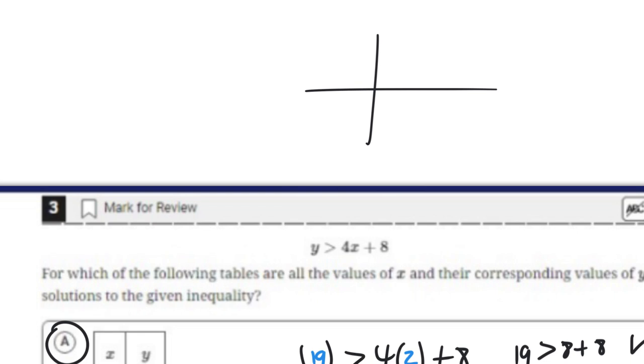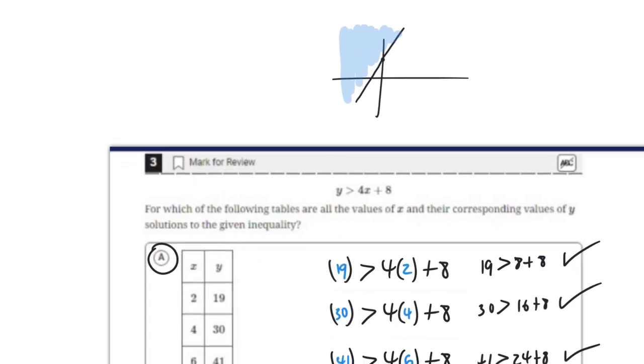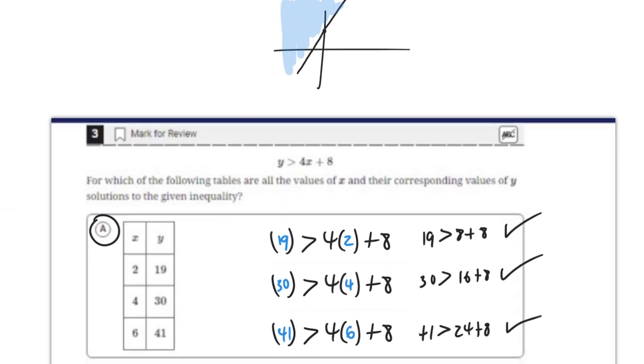So it would have been a line that kind of goes up like this through 8, and it would have been the case that the region above would have been shaded. And one of the things you could have done is you could have just looked at these points and seen if the points had fallen in the shaded region. If these points had fallen in the shaded region, then you would know for sure that those points do indeed work, okay?